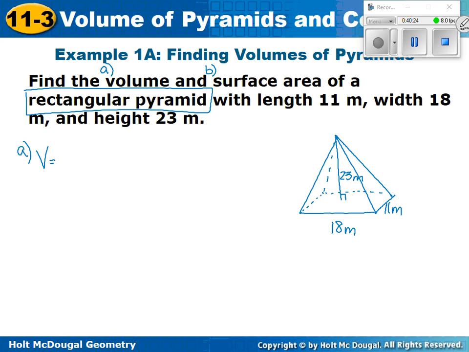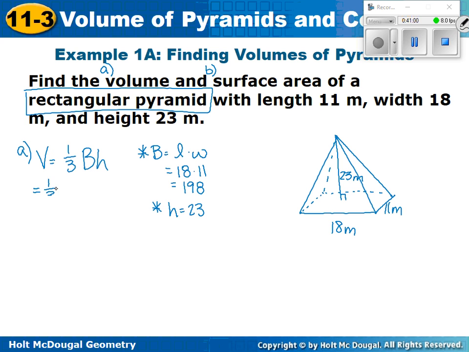So volume here should be pretty easy. What's our formula today? 1/3 capital B H. Find the area of the base. How do you find the area of our base shape? Length times width, or 18 times 11. So what's 18 times 11? 198. Okay, and then we already said the height is what value? 23. So I'm going to plug those into my formula. Everybody okay so far?